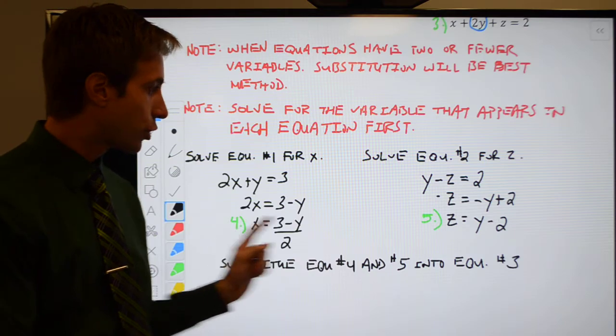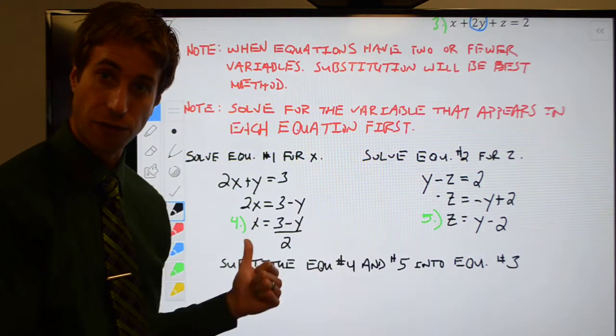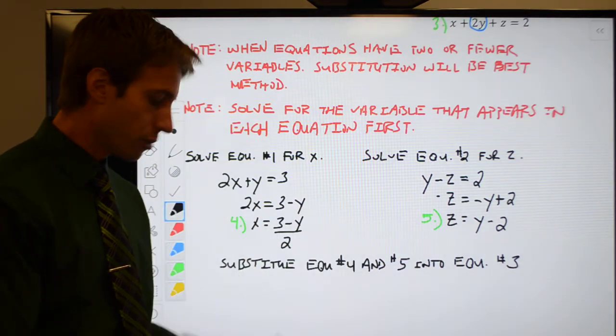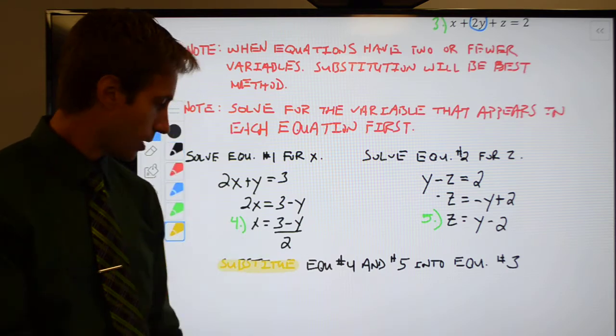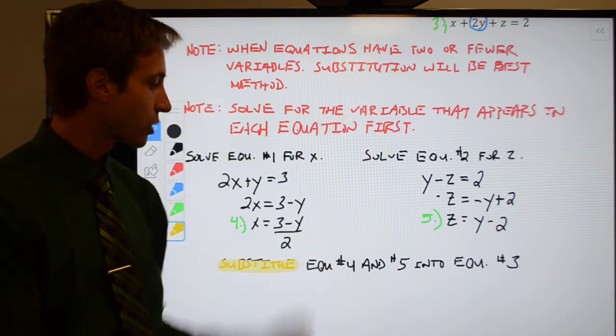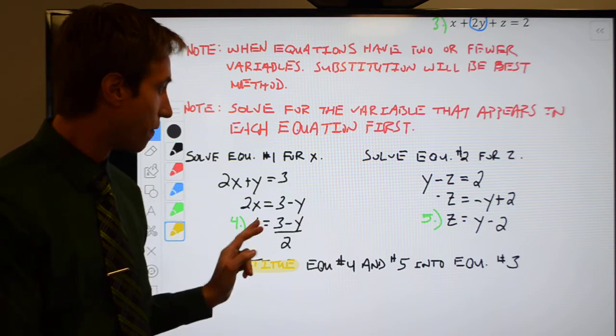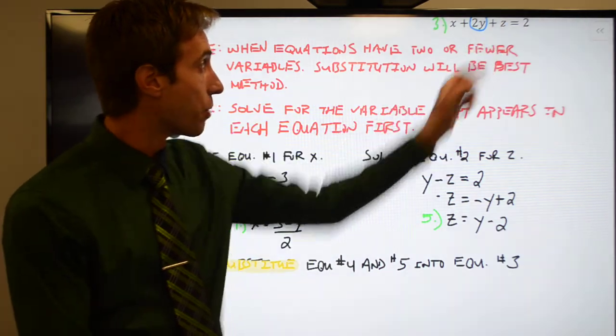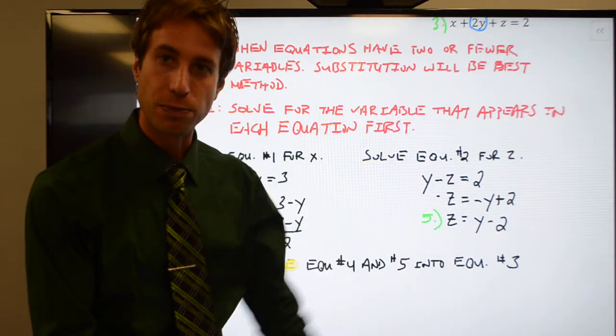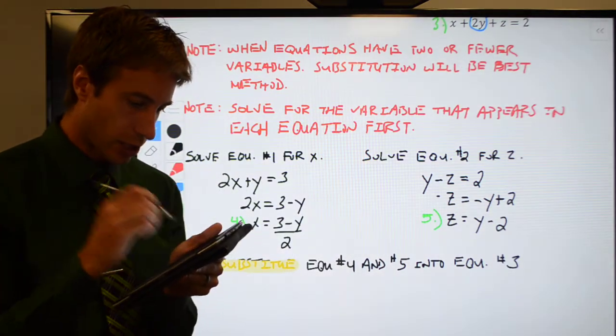So I'm going to take the 2 equations I just found, 4 and 5, and do substitution. That's going to be the fastest way to do it. I'm going to substitute 4, put that in for x. I'm going to substitute 5, I'll put that in for z, and I'll have this brand new equation. Here's what it's going to look like.